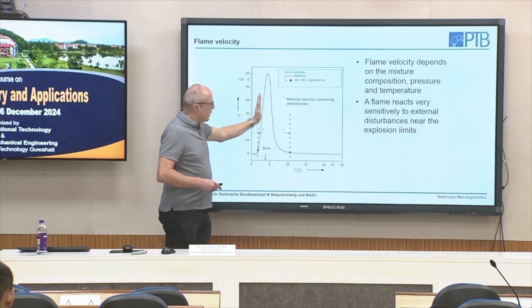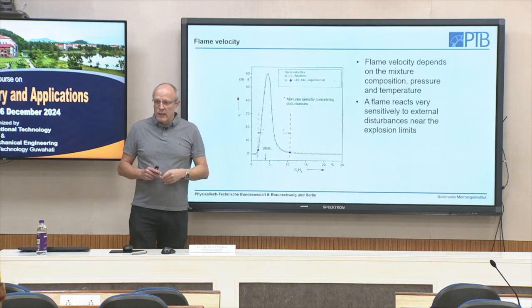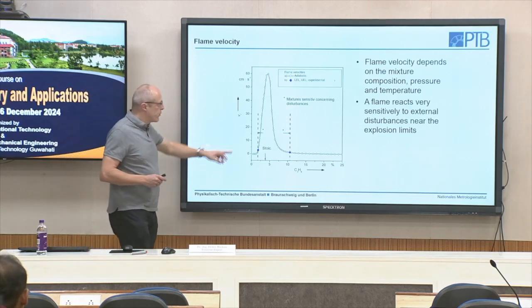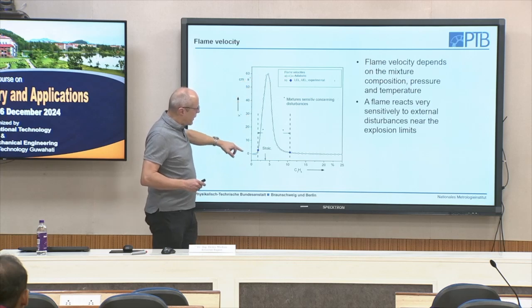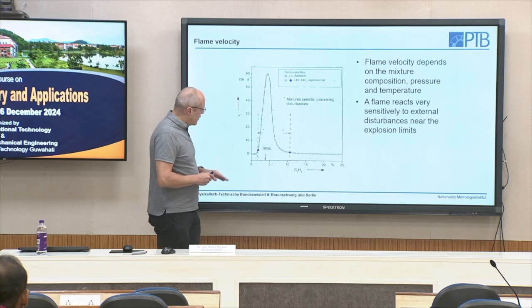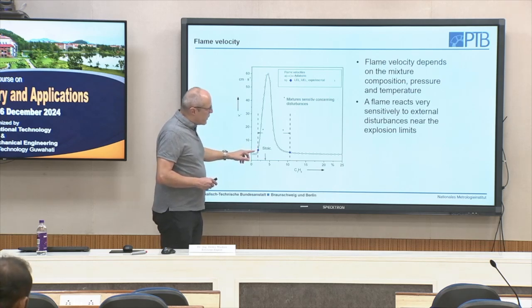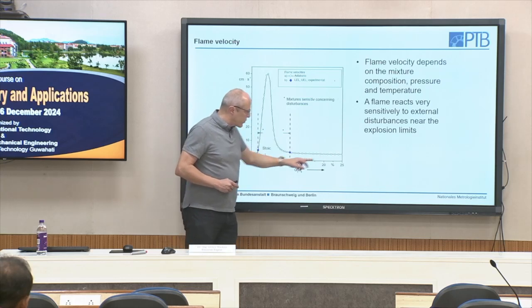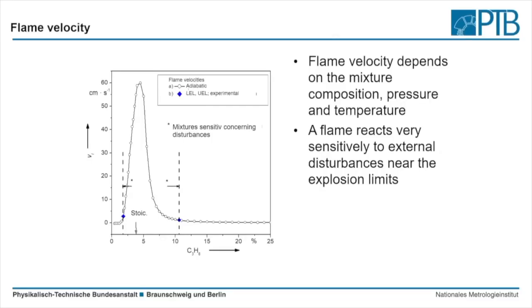If we go to leaner or richer mixtures, the energy release per volume decreases, and therefore the temperature goes down and the velocity goes down. This is something we can explain. But when we look at adiabatic flames, there is still a heat release over a broad range. So from the point of view of combustion, there is still energy release, and it should theoretically be possible to see flame propagation.